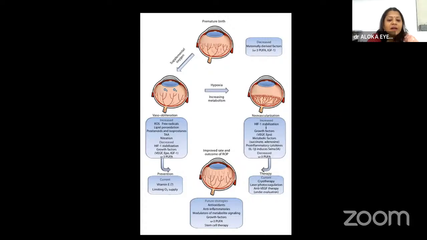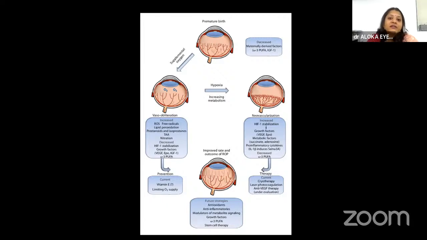Like I said, there are a lot of newer modalities which can be thought of, including something called stem cell therapy. They have studied the genetics of children who are getting severe ROP, and they found that those with high, worse ROP actually have some genetic mutations.